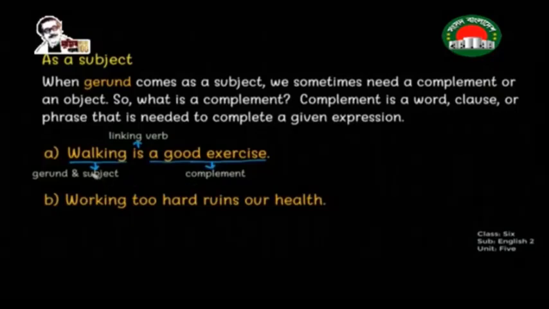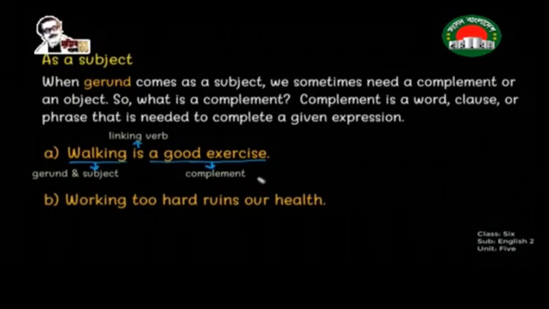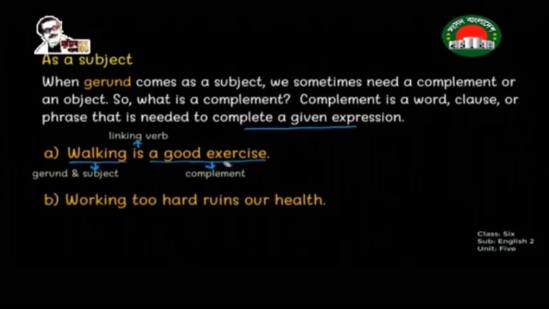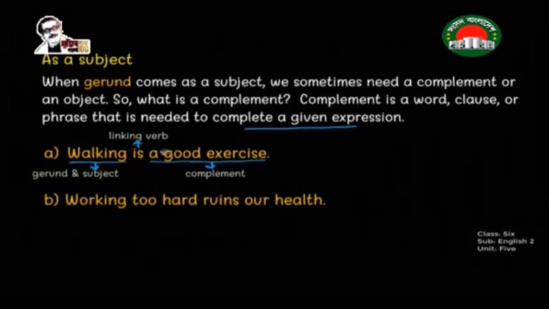So this is gerund and subject, this is linking verb, and this is complement. We said complement is needed to complete a given expression, so this is a complete expression.